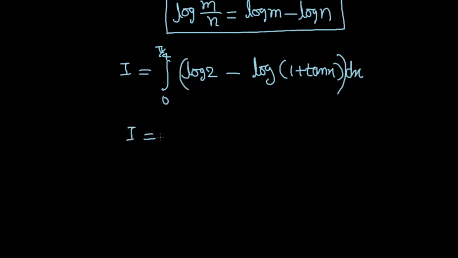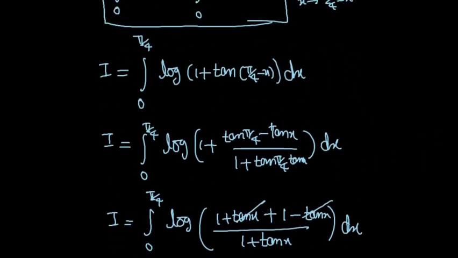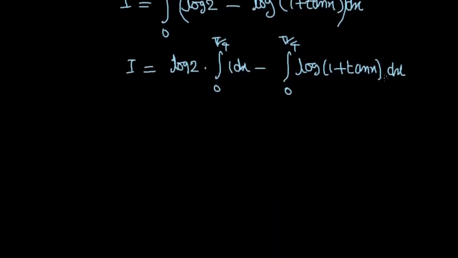So I is equal to log 2 into integration 0 to pi by 4 1 dx minus integration 0 to pi by 4 log of 1 plus tan x dx. What is this actually? This is I, the question itself is I. So I is equal to log 2 into x from 0 to pi by 4, minus I.